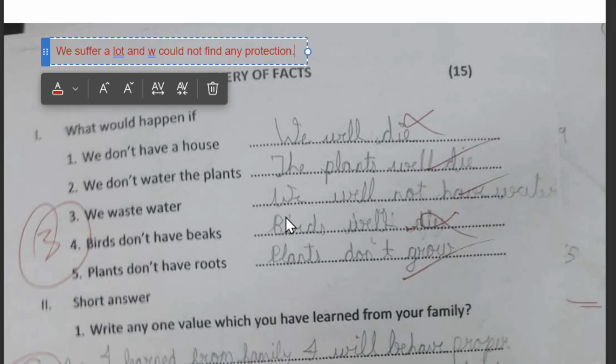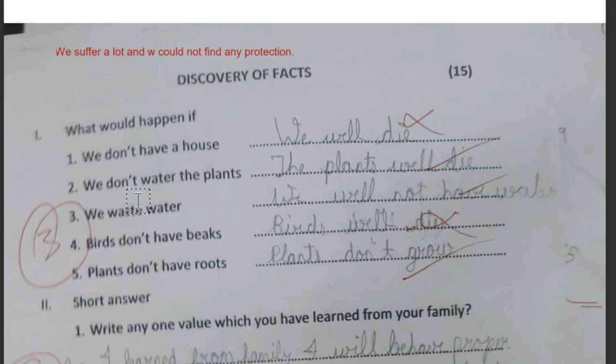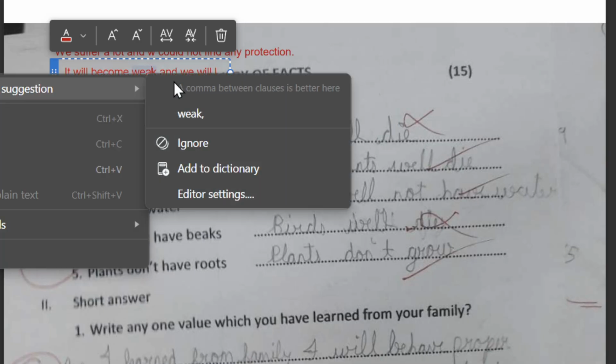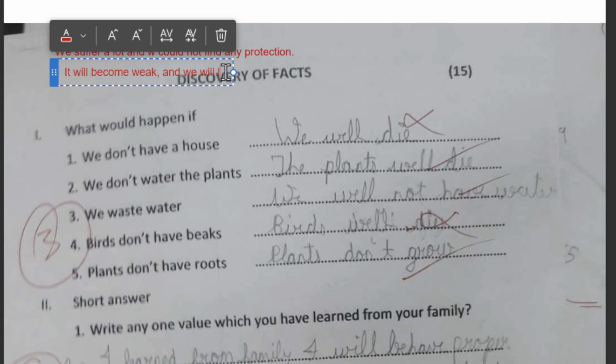Next, we do not water the plant. So if we do not water the plant, what will happen? It will become weak and the plant may die.